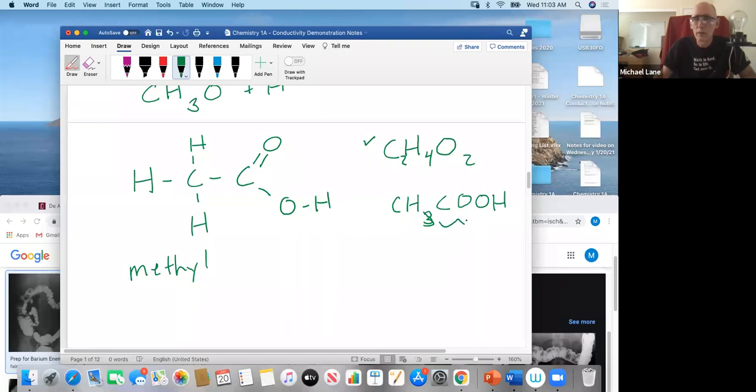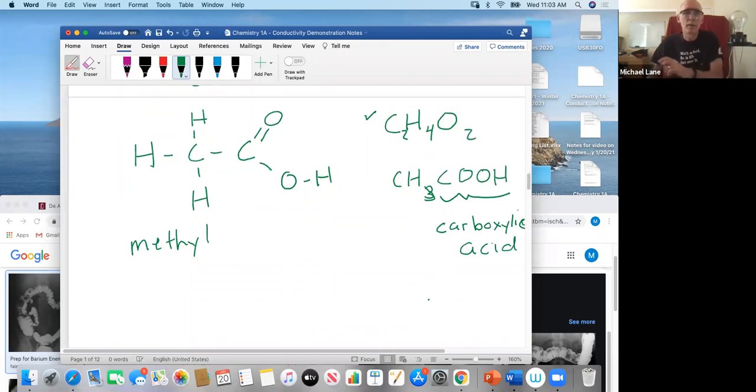And again, when you get into organic chemistry, you're going to recognize this as a carboxylic acid functionality. Run out of room there. There we go. Carboxylic acid. The total of all this is acetic acid.